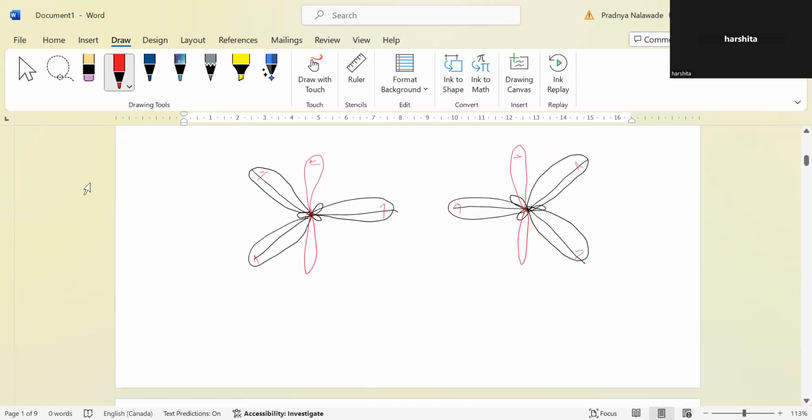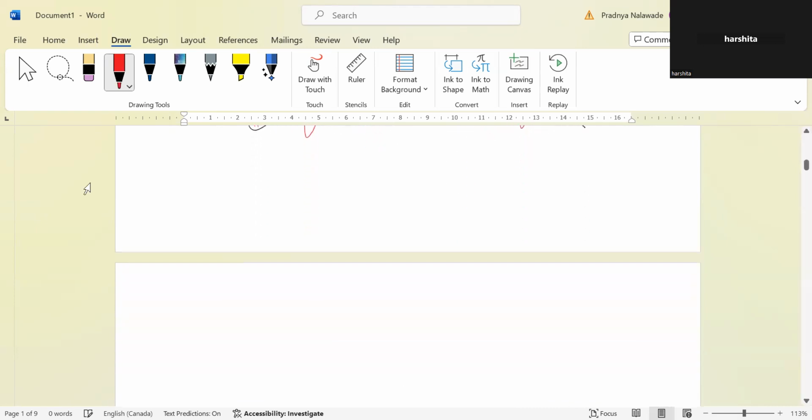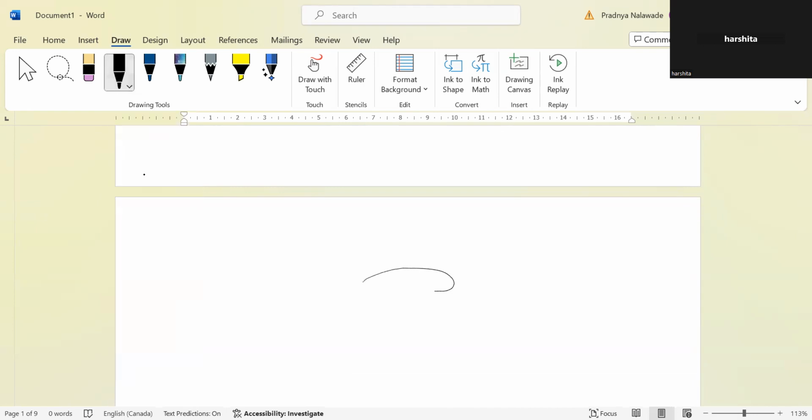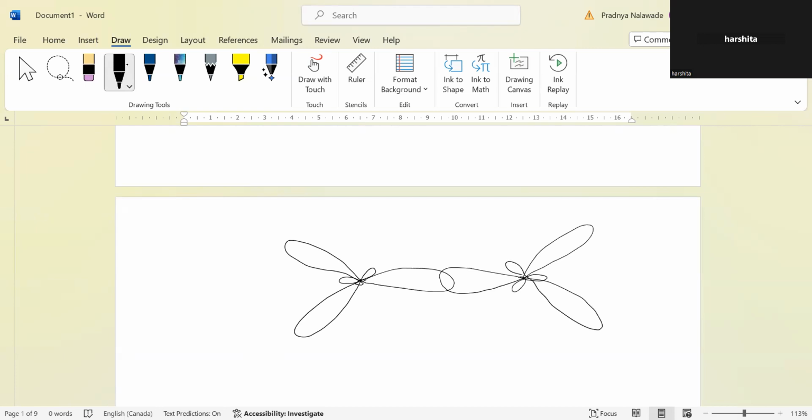Now what happens is this sp2 and this sp2 overlap each other. So one of the sp2 overlaps another sp2. Clear? Then we have one sp2 here at 120, another sp2, and the third sp2.